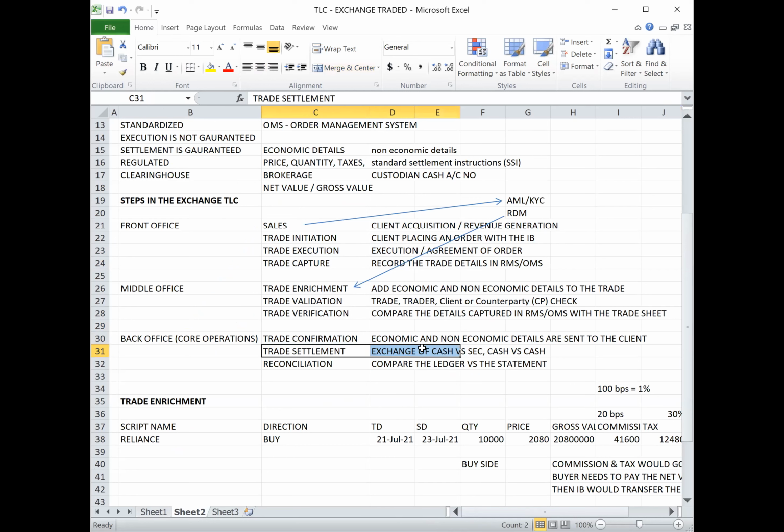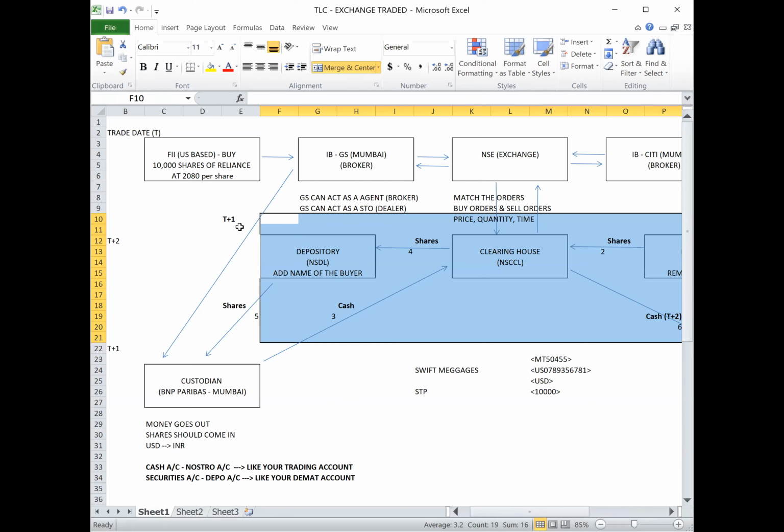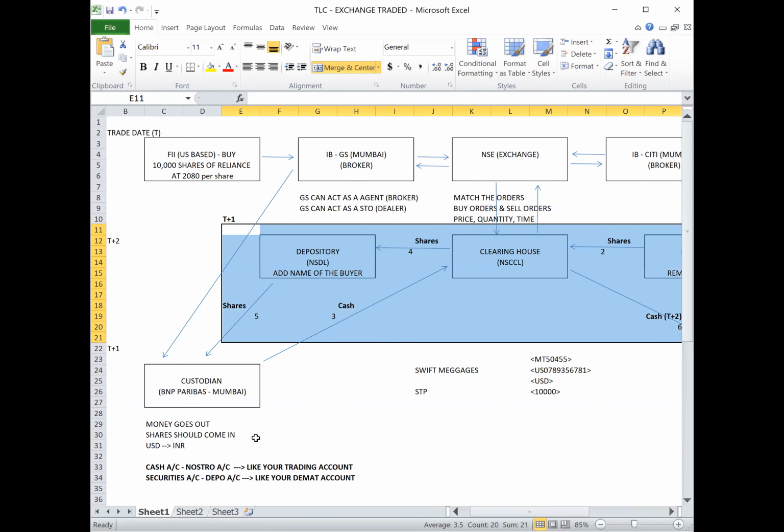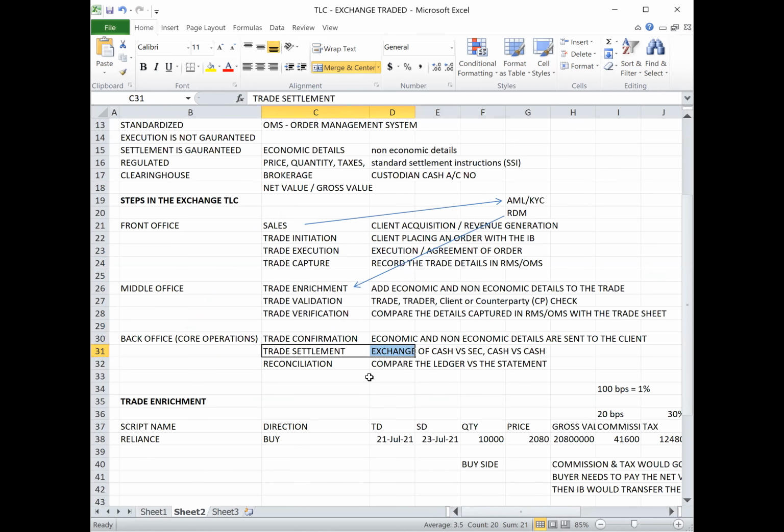So all this will happen on trade date, and this will happen on T+2, and this will happen on T+3. Trade settlement is what happens on T+2. This exchange of cash and shares is known as settlement.